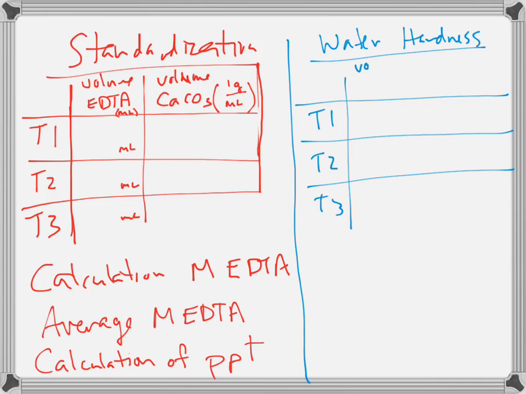You know the volume of EDTA you add for each of those. Do you know the concentration of EDTA now at this point? Yes, that should show up in your table here, 0.004, roughly. And we know the volume of calcium ion that you started with. What are you going to follow all that up with?